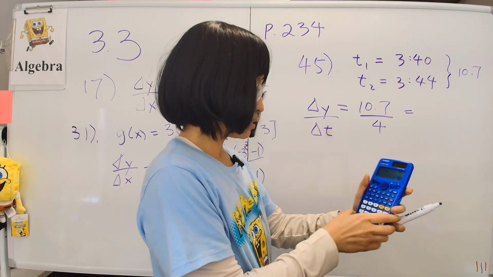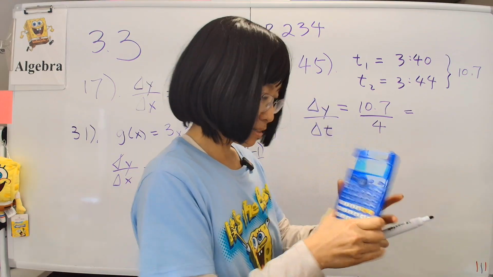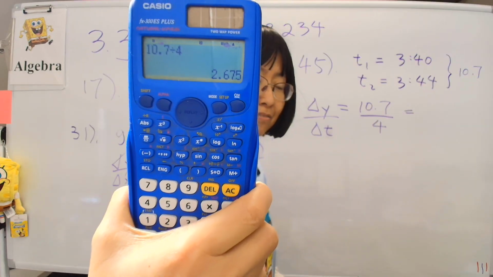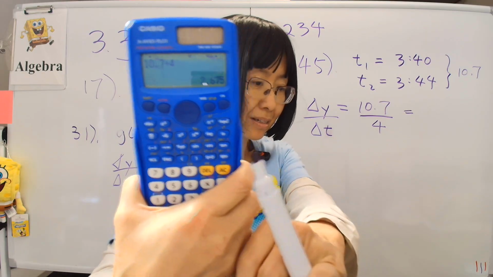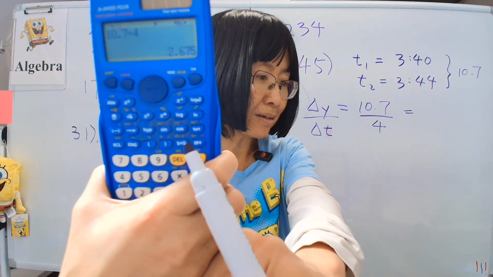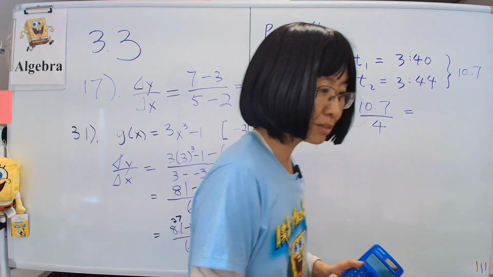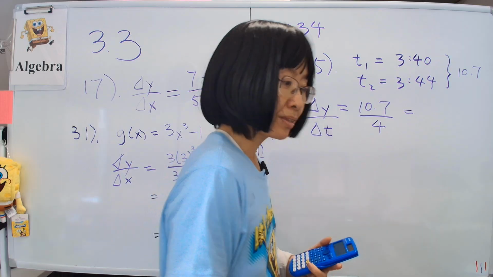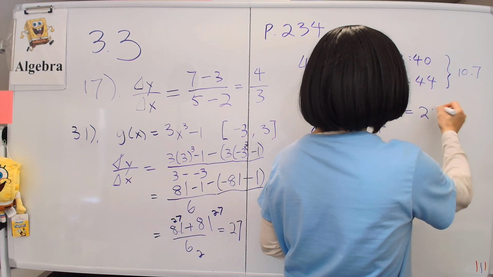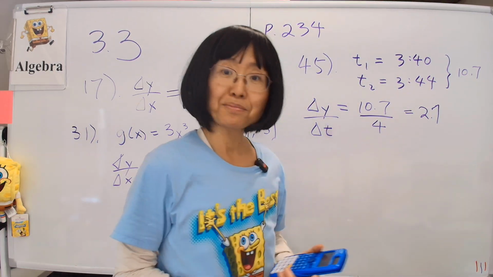Then you push equal, and it gives me a fraction, so I'll push a button that changes it. There's a fraction conversion button, which on my calculator is right here, but it might be different on yours. Please figure out where it is. Anyway, it's 2.67, which we round to 2.7, and that is the answer. And that should be the end of this section.